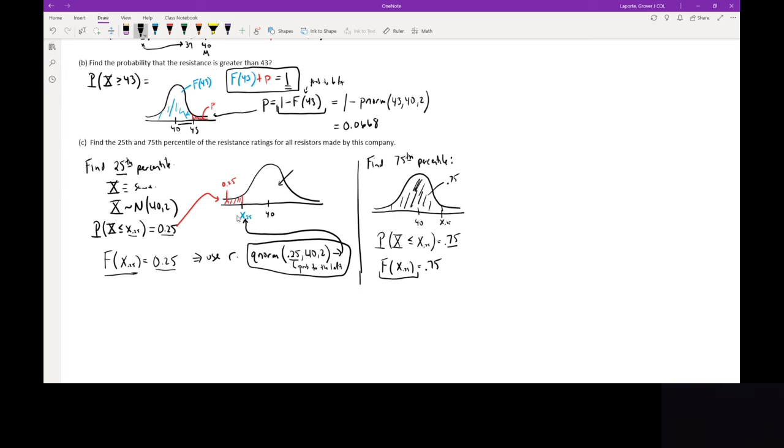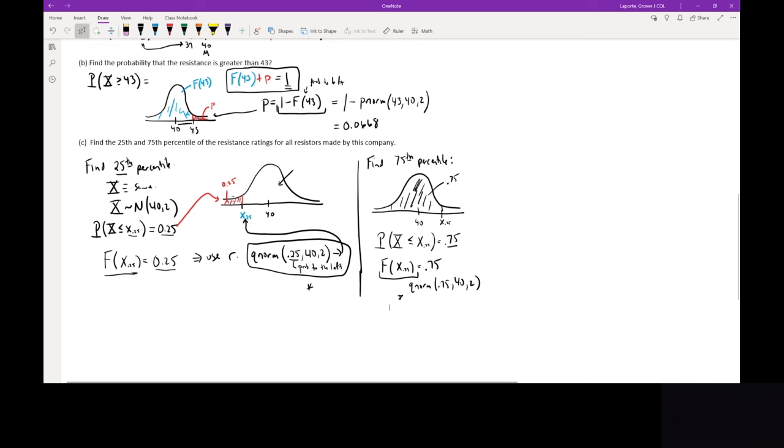In this case, it's also going to be qnorm(0.75, 40, 2). And I claim that I can already know the answer to this one. If I know this answer, because of symmetry, then I can probably figure out this one. Why? Because if 75% lies over here, that means there's 0.25 probability over here.